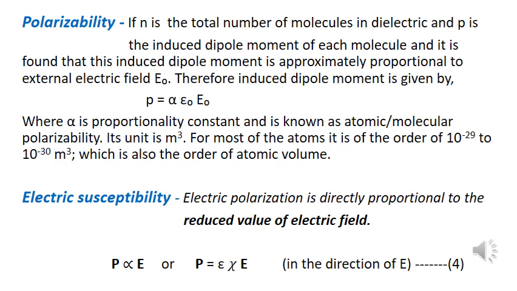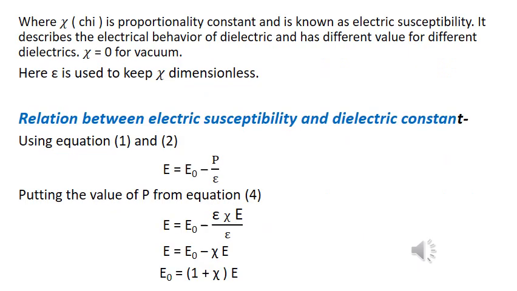So we can write P is directly proportional to E, or P is equal to epsilon chi into E, and the direction of P will be the same as that of E. In the last expression, chi is the proportionality constant and is known as electric susceptibility.